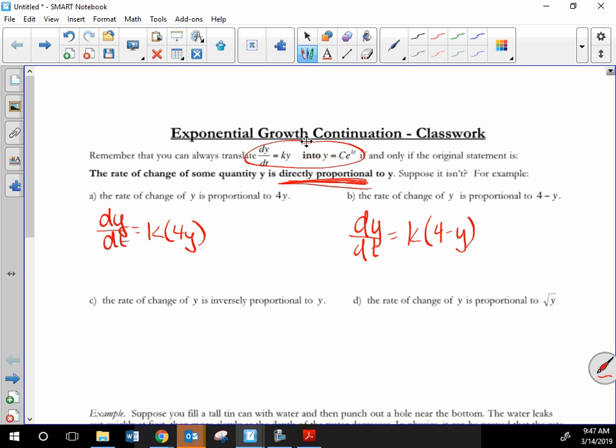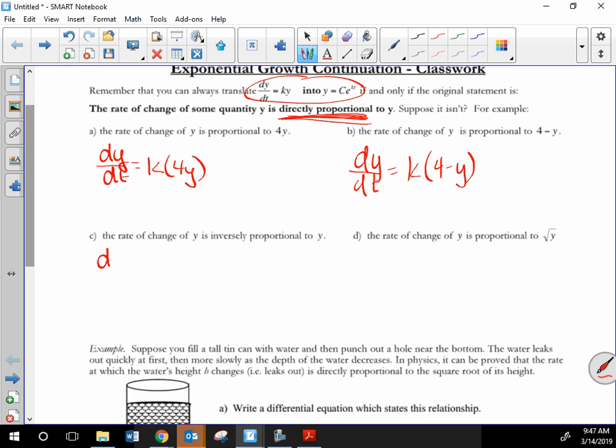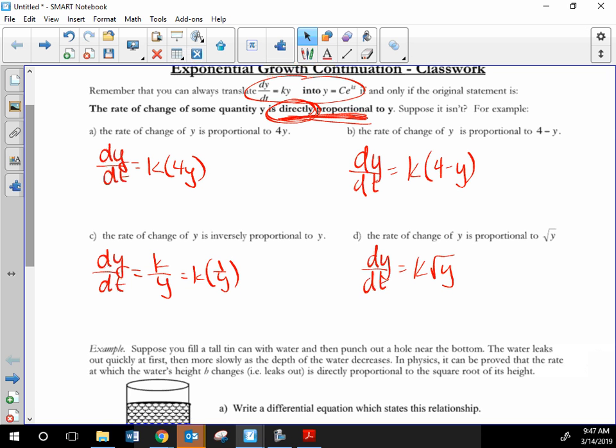If it's inversely proportional, that's when we have 1 over y, so you can write it as k over y. And if it was proportional to the square root of y, that'd be k times the square root of y. So this shortcut only works when it's directly proportional. If it doesn't say that, then we can't use that shortcut.